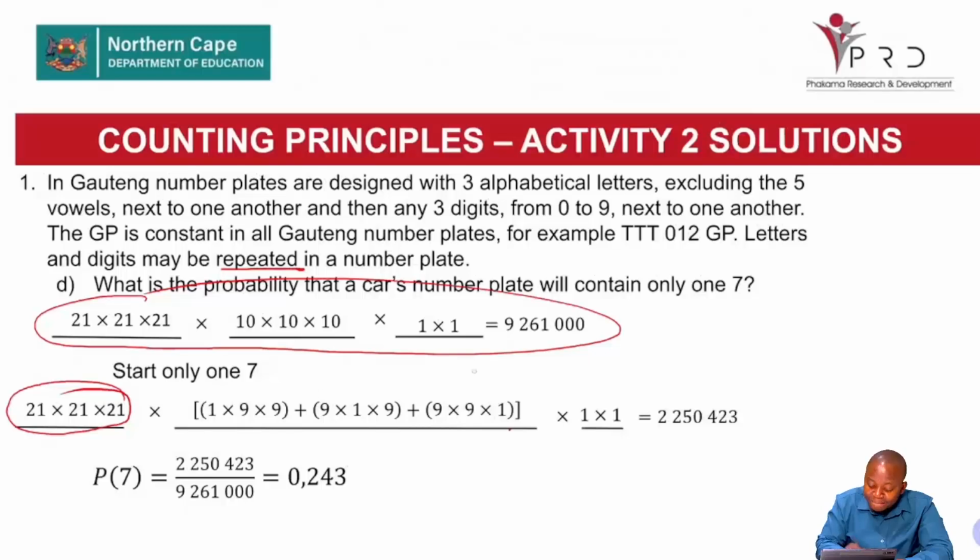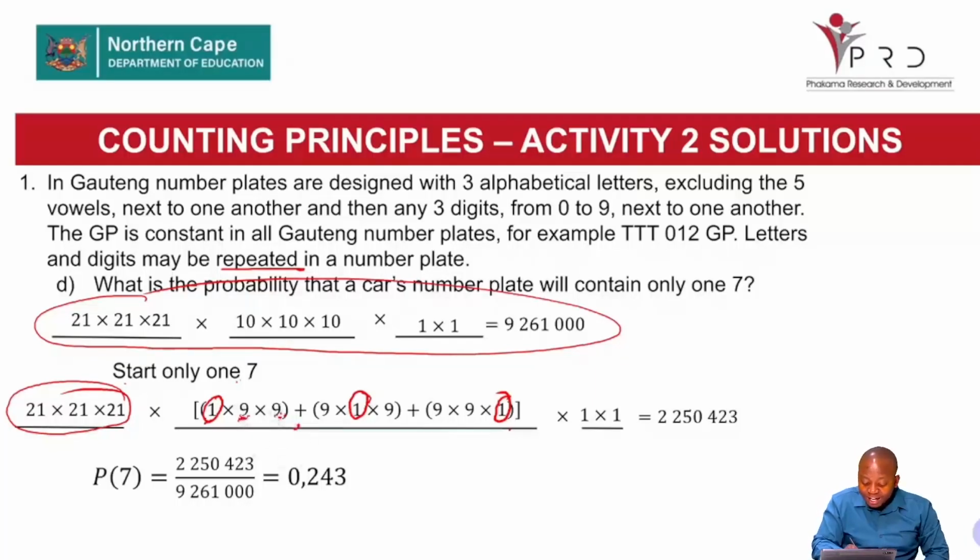Here we are saying start with only 7. If I start with 7 here, then I have 9 choices. That means if I take 7, I'm going to replace it, and I will remain with 9 and 9. For the second one, whatever I choose, I'm going to replace again, but 7 is no longer there. Then for the third one, I do the same.